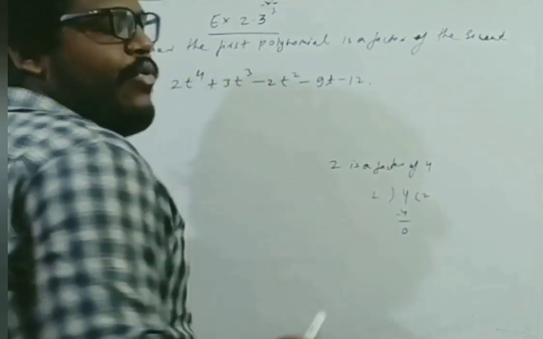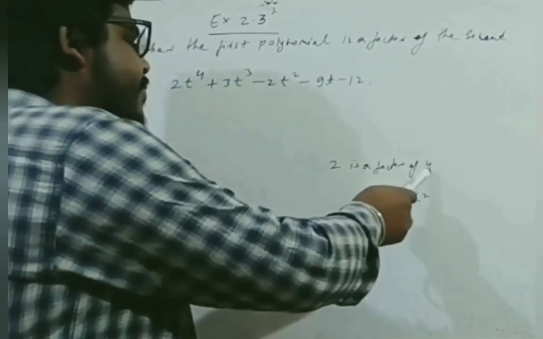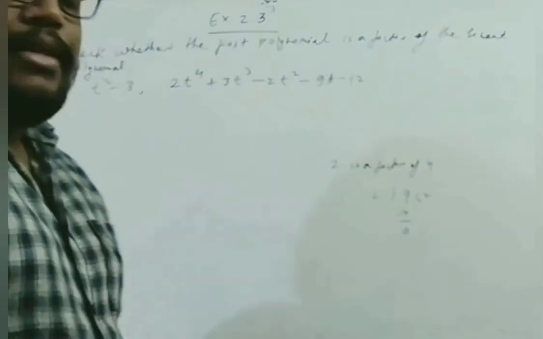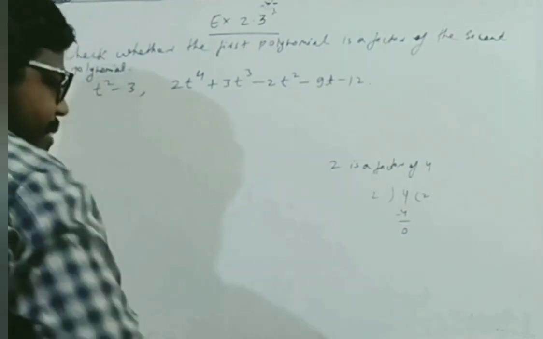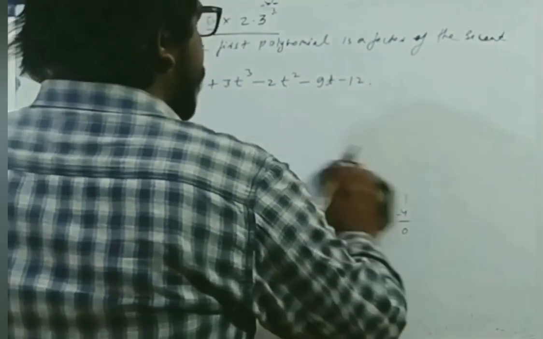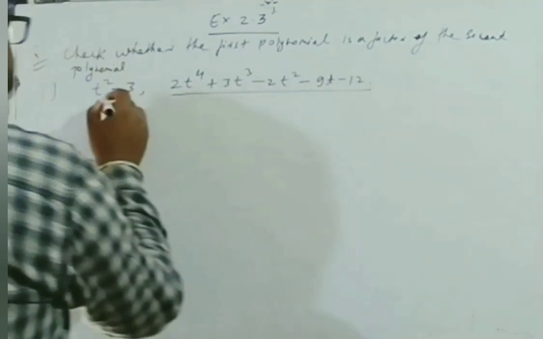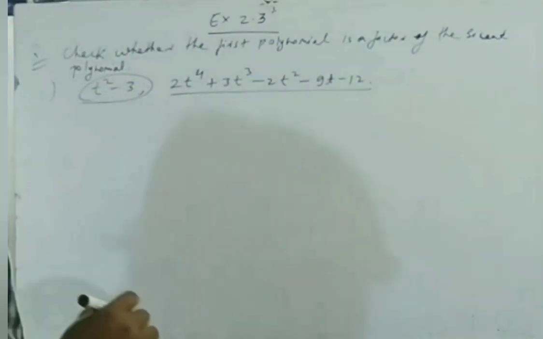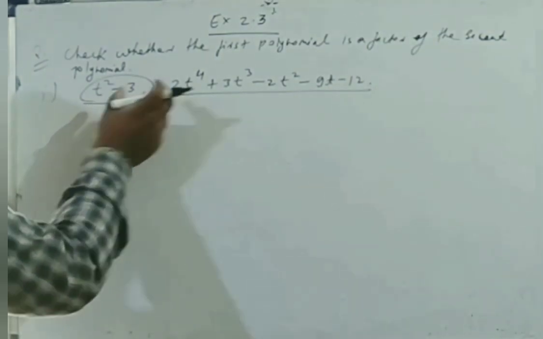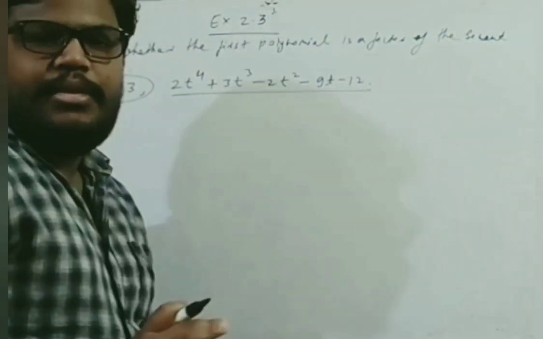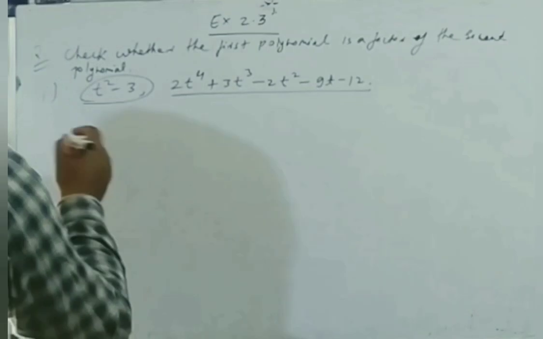That is why 2 is a factor of 4. The same thing is applicable to polynomials also. If you divide the second polynomial by the first and the remainder is 0, we can say this is a factor of that one. Clear? So just do the long division.